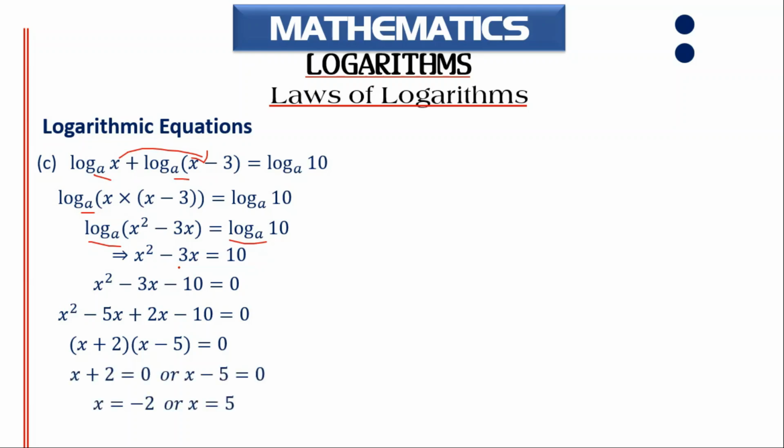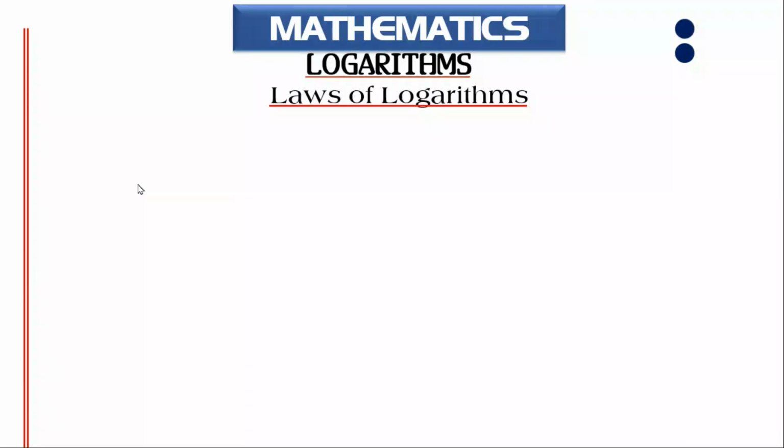Alright, so that will give us x equals minus 2 or x equals 5. Of course, we know that in this case, x equals minus 2 is not valid, because if you put the value inside here, it will give you a negative value. So that means x equals 5.